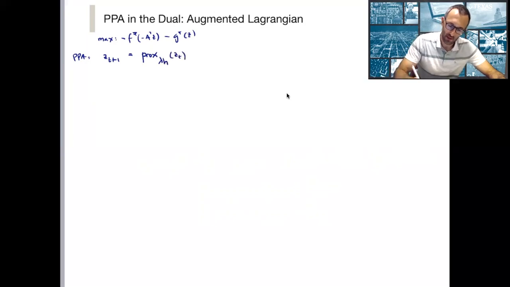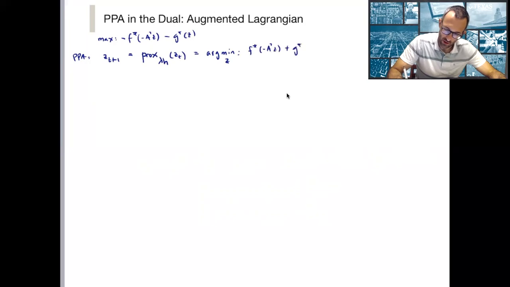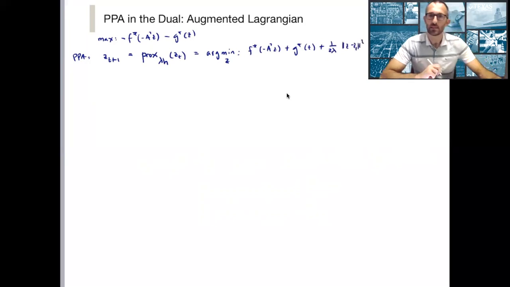By definition of the prox function, this is the argmin over z of f star of minus A transpose z plus g star of z plus 1 over 2 lambda norm of z minus z_t squared.